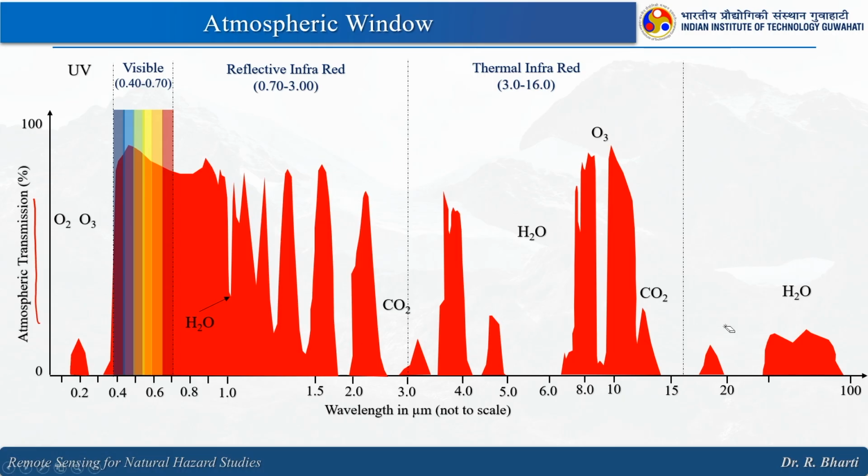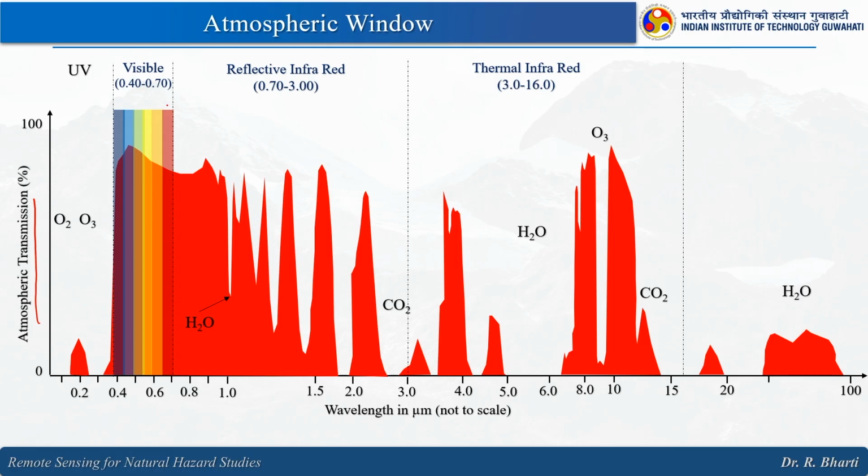In the atmosphere there are few wavelengths which are completely or partially blocked, some of the energies which are allowed by our atmosphere. So, this information can be used by the sensor developer, that which particular wavelength we should use to develop a sensor and what could be our possible applications, right.